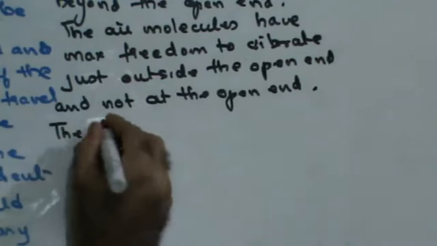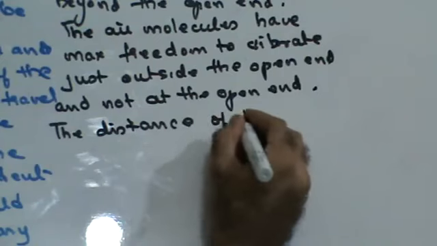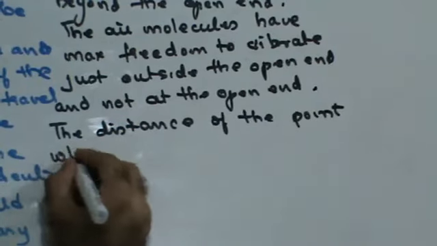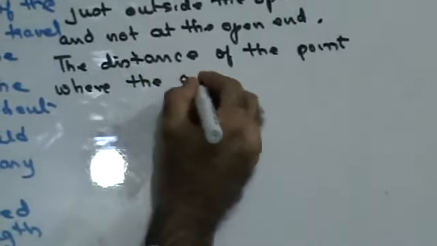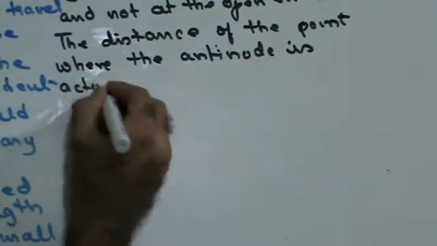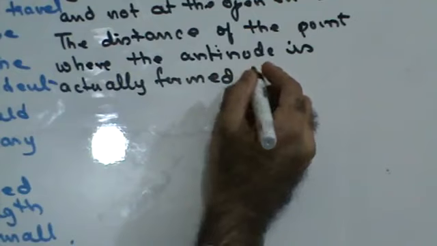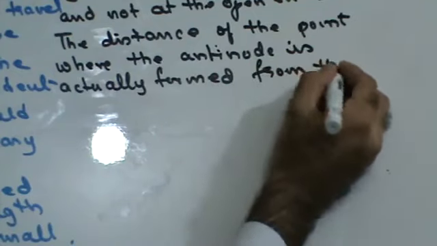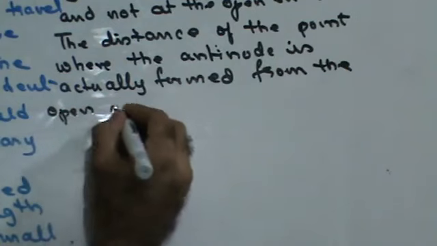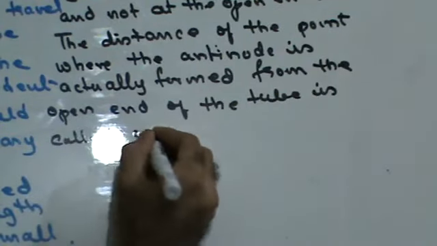The distance of the point where the antinode is actually formed from the open end of the tube is called end correction.